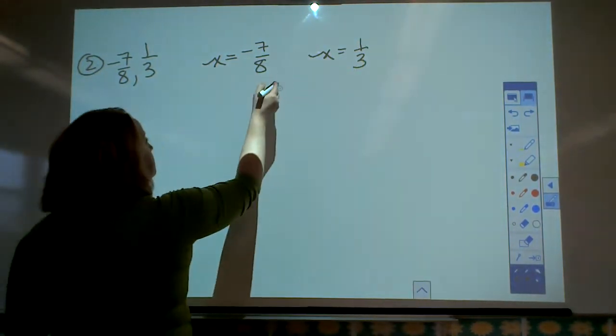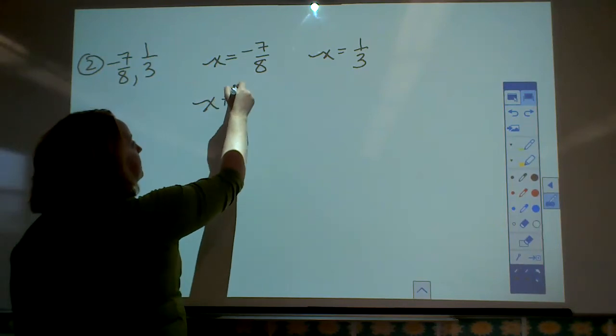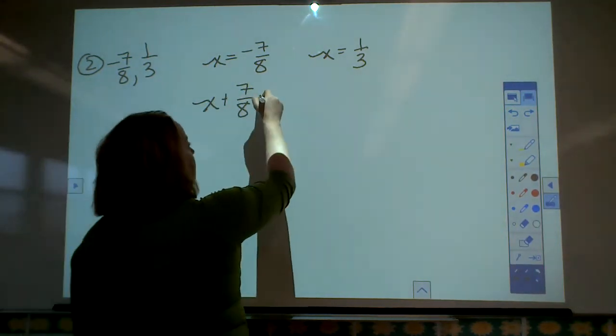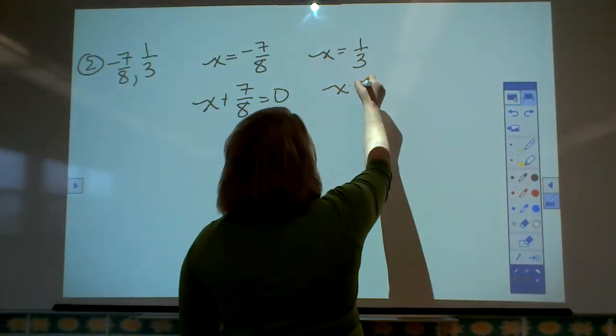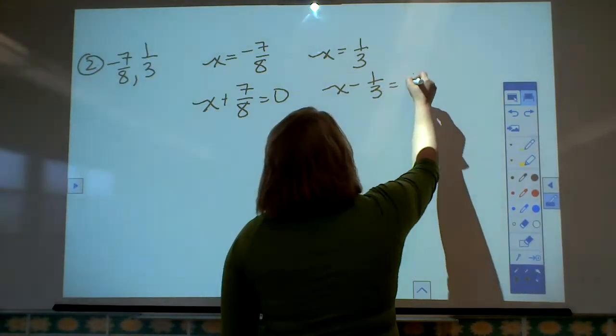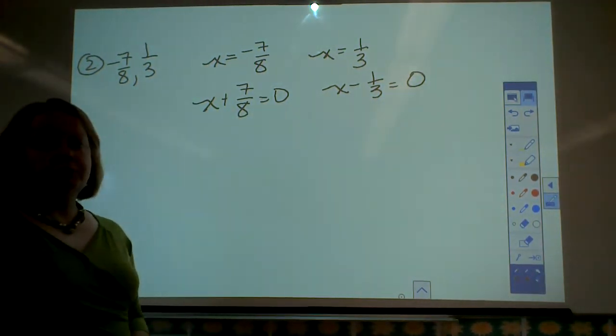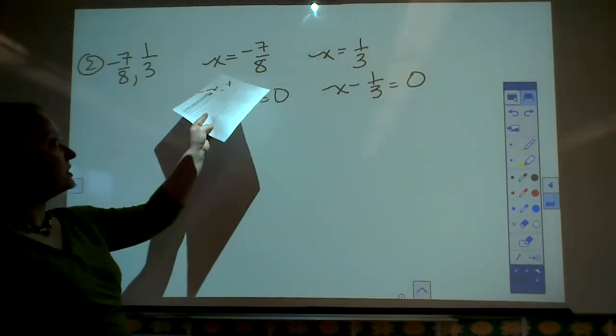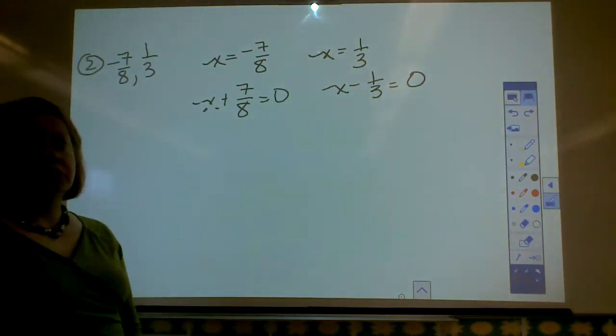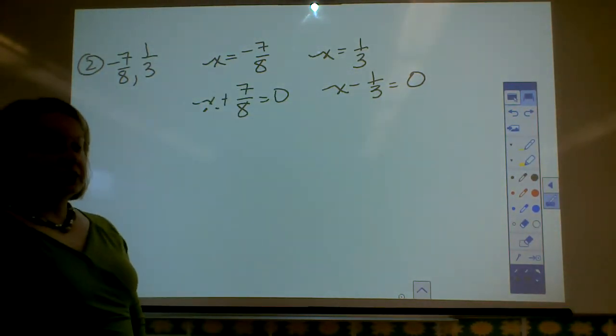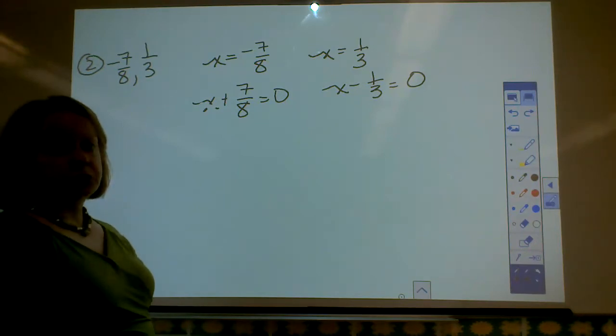We're going to move them over. So x plus 7/8 equals 0. x minus 1/3 equals 0. Now, as you get better at this, you won't have to set them equal to x and move them over. You'll just know what to do, and you'll hopefully see the pattern of what's going on here.